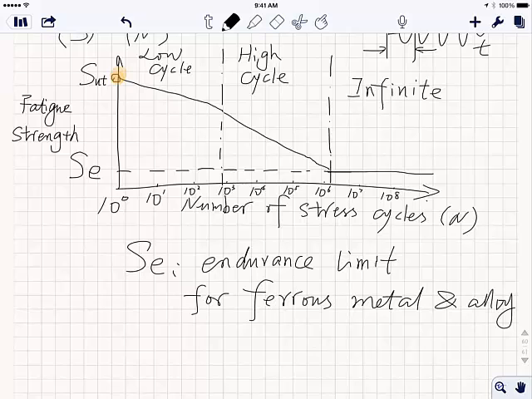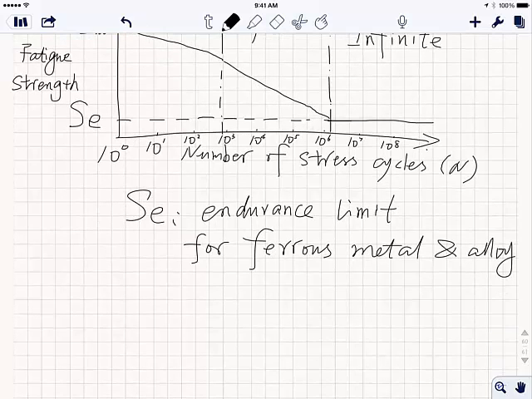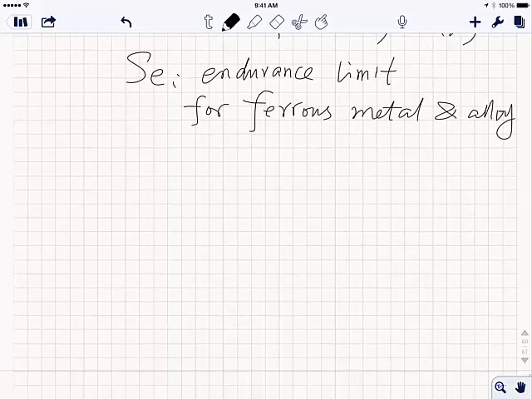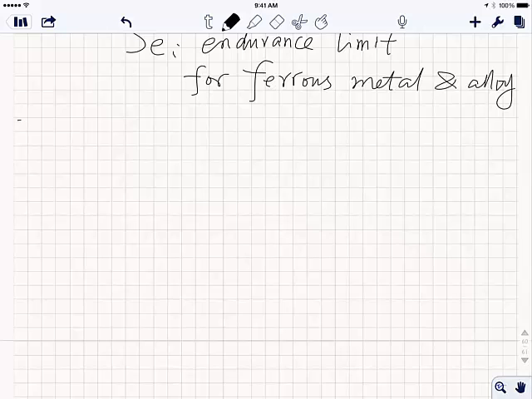Next important thing is endurance limit modification factors.